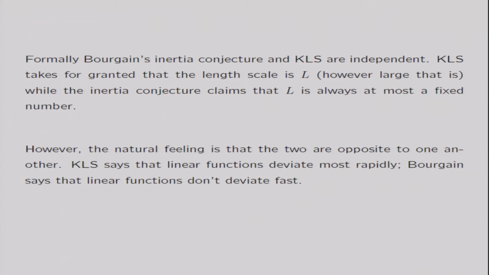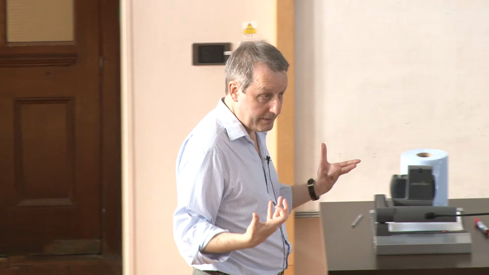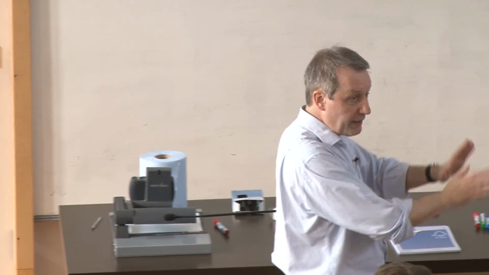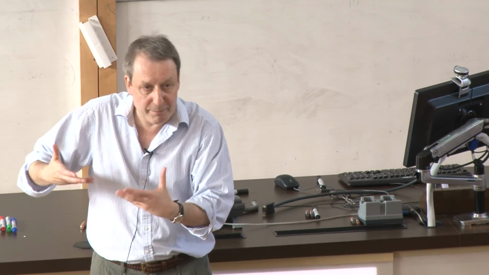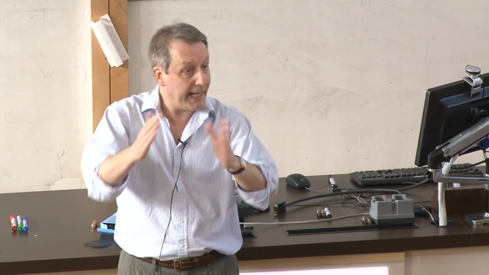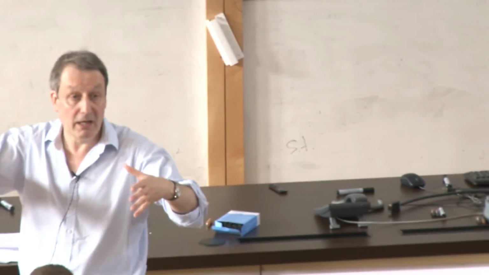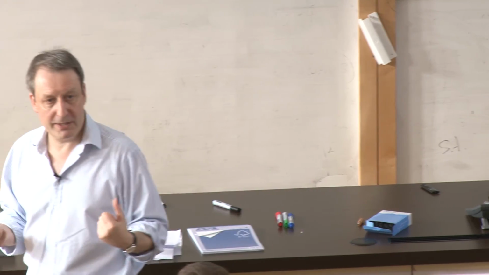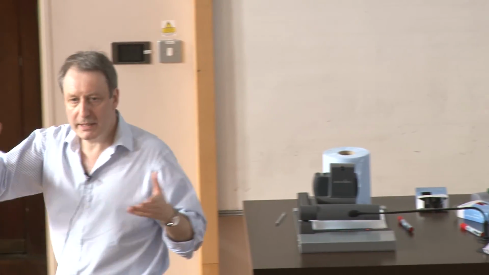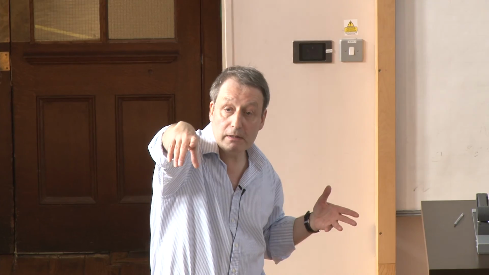They could both be true, but they appear to be saying opposite things. Bourgain says L is small in a very simple way, it's just L is not too big. But KLS says L has got to be sort of big because the thing concentrates at length scale L. So L can't be too small because the thing can't concentrate in too small a length scale. So they appear to be kind of opposite to one another. Great, does that make sense to everyone? Yeah? Good.